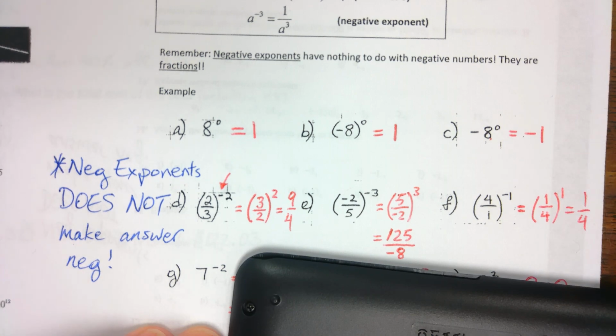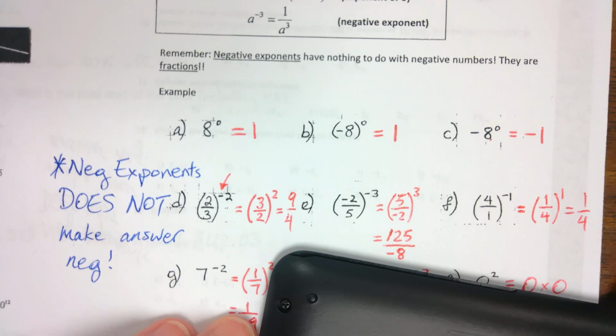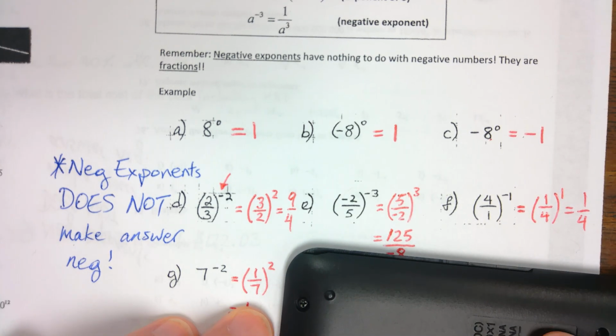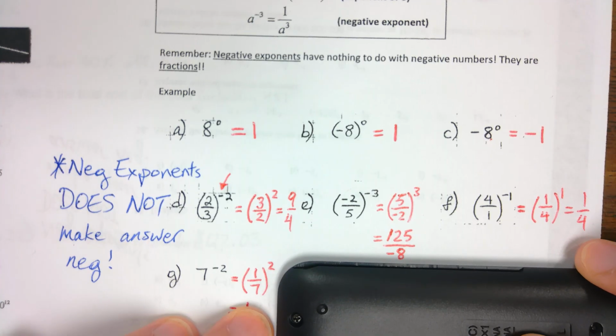Okay. 7 to the -2. So my base right here is 7, and if I flip it, it becomes 1/7. Good. And then when I square it, do I give you the answer now?